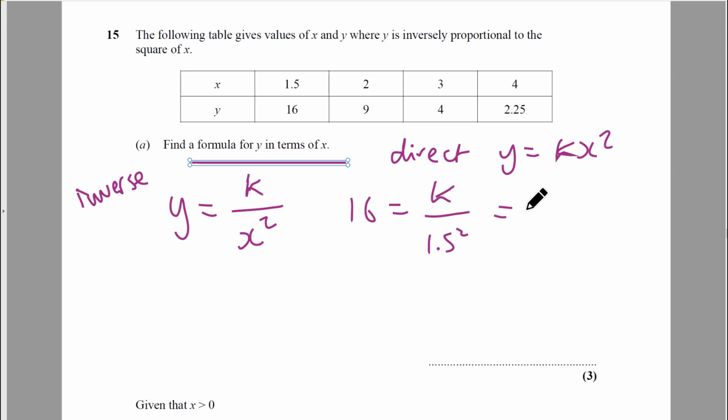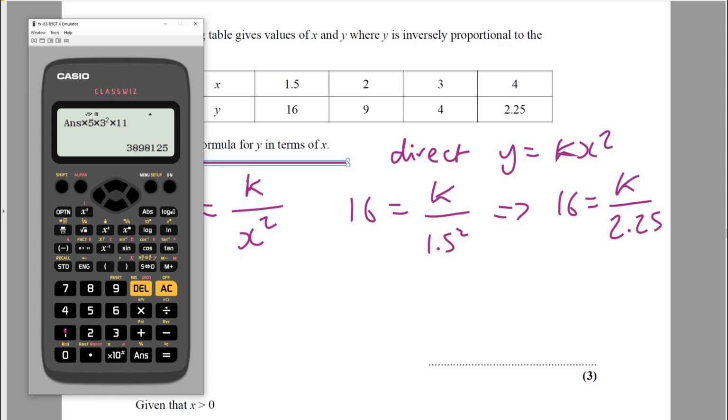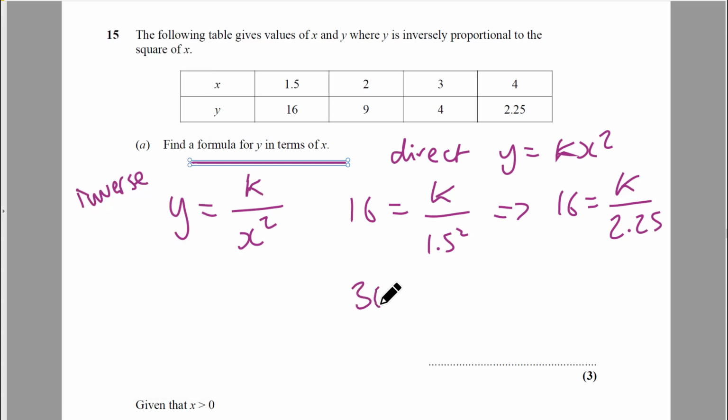So that's 16 equals k over 2.25. Multiply out by 2.25 to find k. I could work that out mentally, but let's just make sure we get this correct. 36, so that 36 equals k.